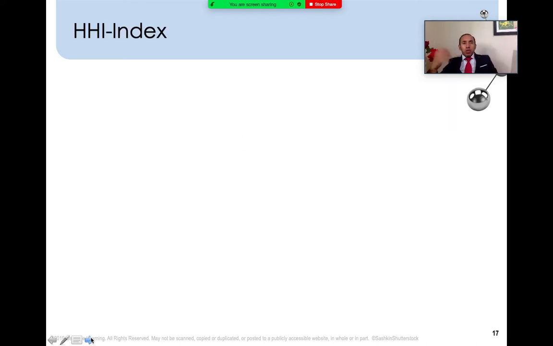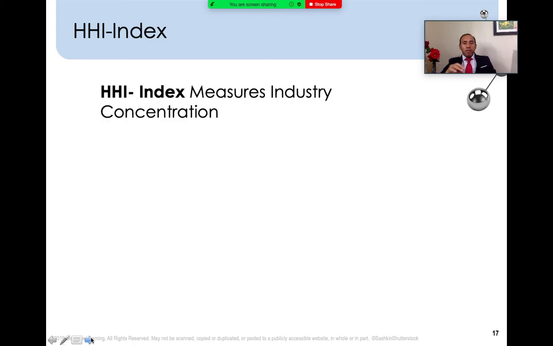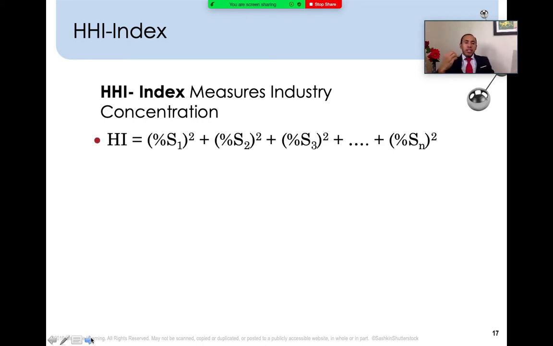We can also analyze this with what is called the HHI-Index, the Hirschman-Herfindahl Index. The HHI-Index, for short, measures in one way the concentration in the industry and how the industry is composed. The HHI can be calculated using the percentage of the market share.